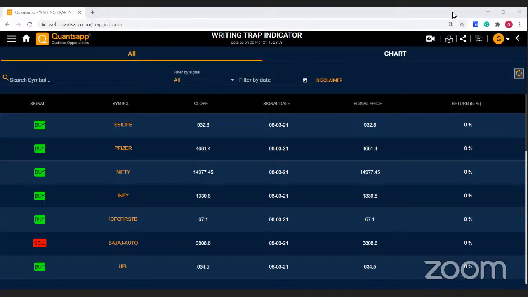In terms of call writers or put writers, this algorithm has its own parameters. There are several parameters to look into, but majorly it looks into open interest, volatility, and the volume of that particular stock, and how the option data are going.